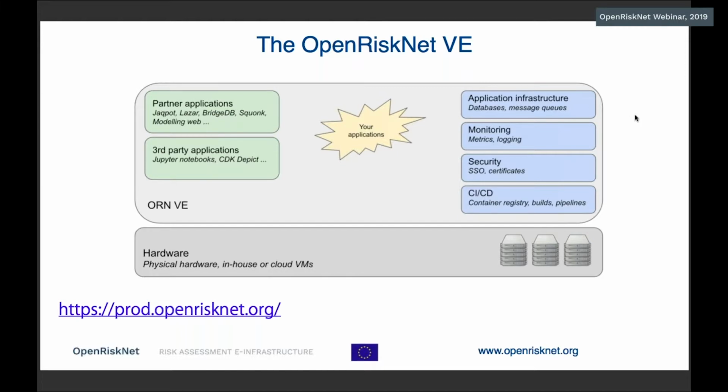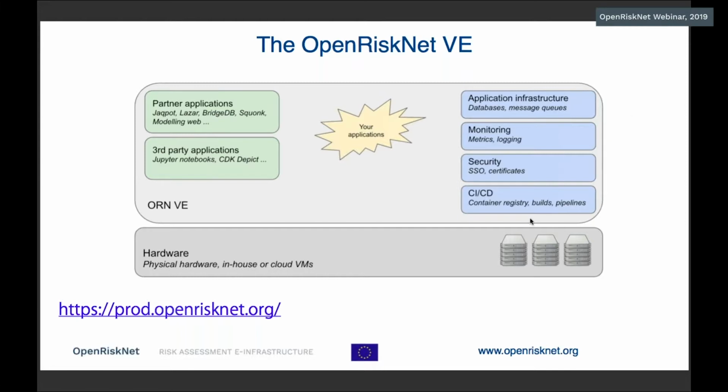So be able to use the monitoring, the security, and continuous integration, and their applications sit on top of that in a way which will hopefully be able to be deployed anywhere. So the infrastructure itself sits on top of hardware, but this could be in cloud, on-premise, or even on a single computer yourself.